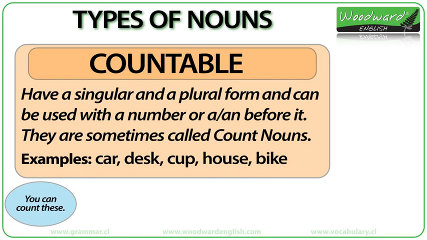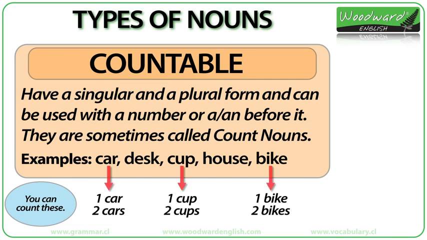Some examples of countable nouns are car, desk, cup, house, bike. You can count cars. You can say 1 car, 2 cars. Cup is a countable noun because you can count 1 cup and 2 cups. Bike is countable too because you can say 1 bike and 2 bikes.